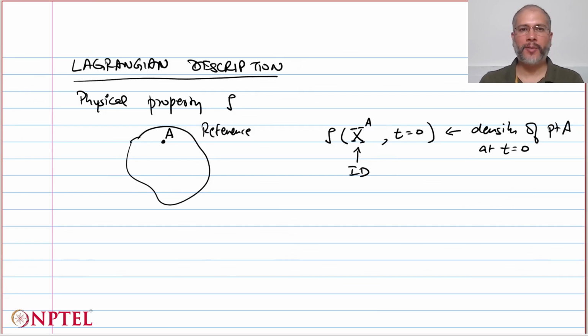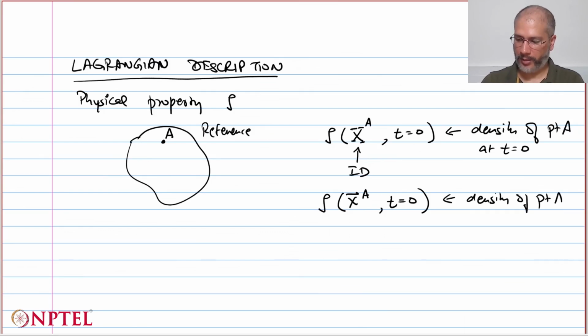But we said that we work with the material coordinates rather than working with the IDs. So it's better to work with density as a function of capital X, A, and t equal to 0. So this is the density of, again, the point A at t equal to 0. Remember, this capital XA and writing the ID of A are exactly the same thing.